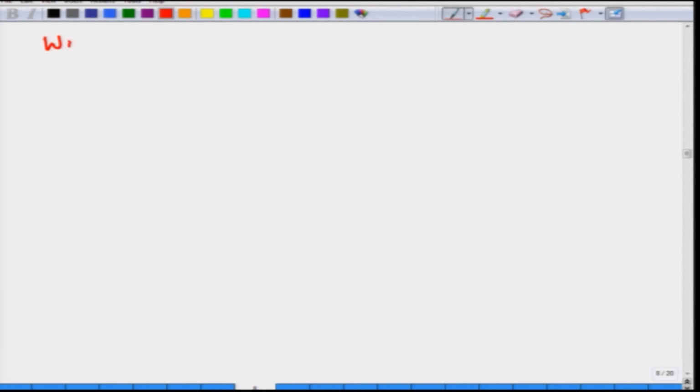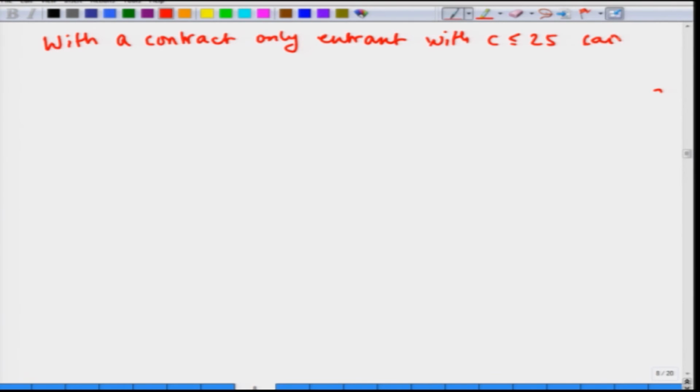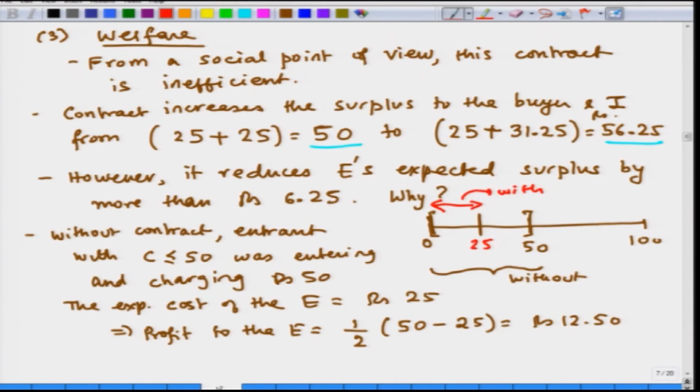So, with the contract, only an entrant with C less than or equal to 25 can enter. So, the entrant will charge a price equal to rupees 25, right, and in this interval we would expect that the average cost of the entrant is going to be about 12.5, right.